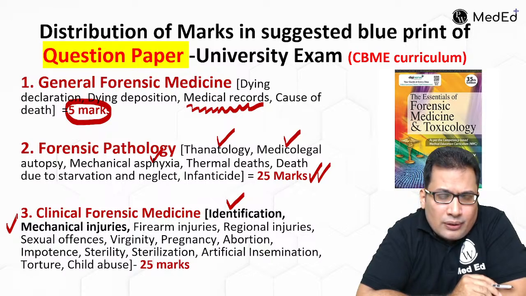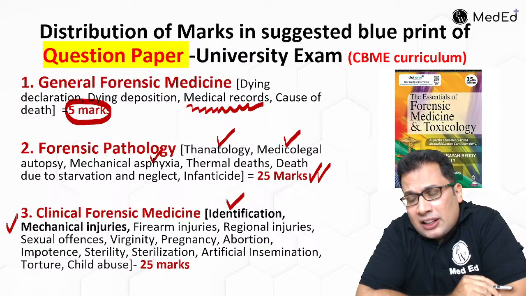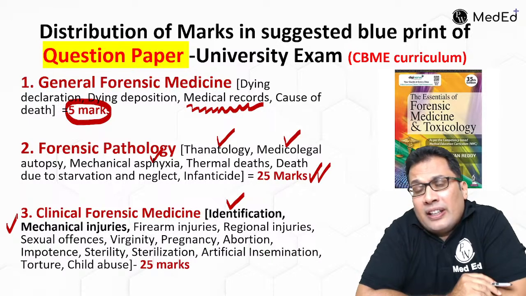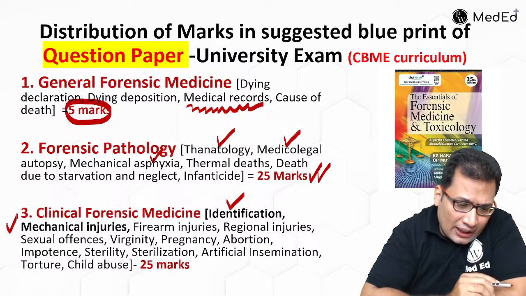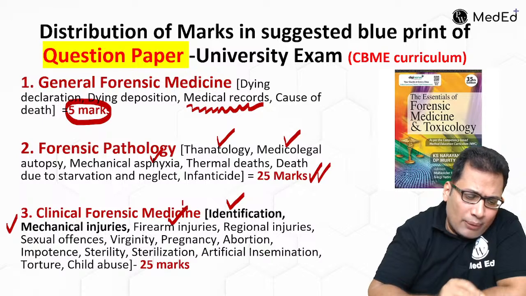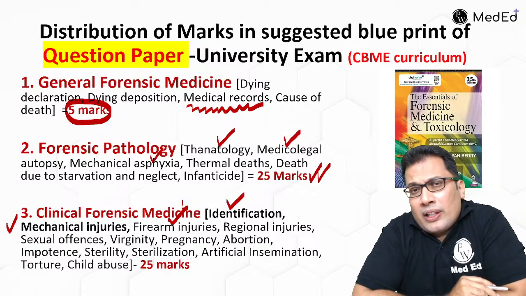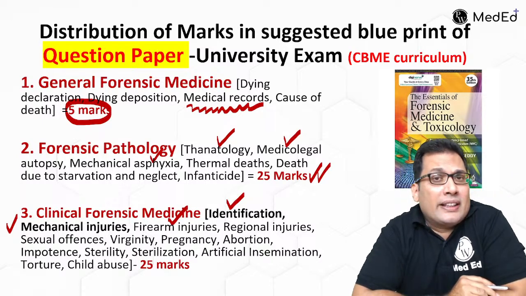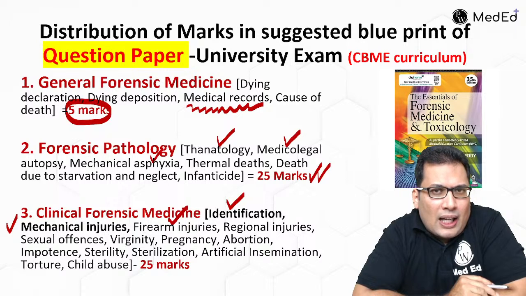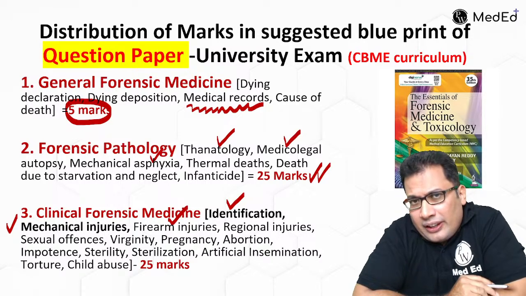Injury certificate, classify mechanical injuries, types of stab injuries, types of incised wound. Very frequently asked. Then firearm injuries. What are the differences between entry wound and exit wound? Asked more than 50 times in the last 10 years.